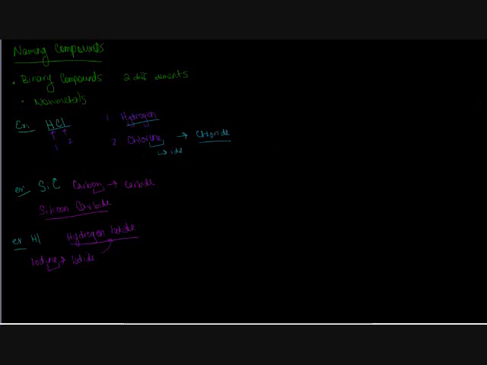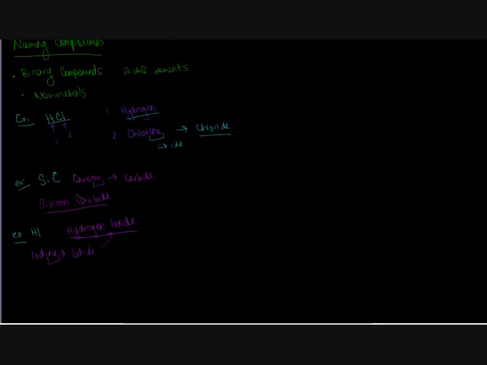So the next thing I want to talk about is the fact that sometimes you can have two different elements that combine in different ratios to still give you a binary compound, but you're going to have a prefix added to it. The thing to remember is when I say binary compound, it means two different types of elements, not two atoms.